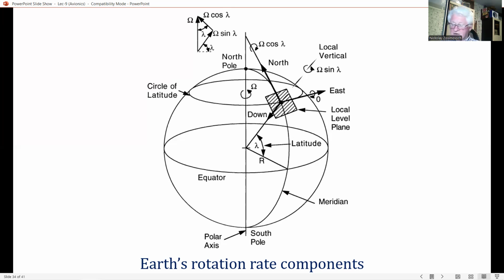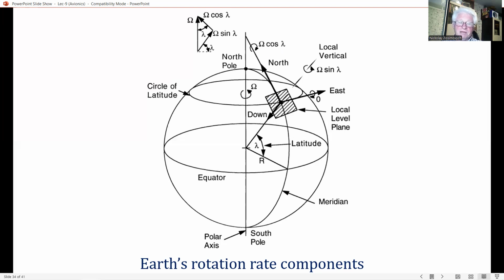Angular rate correction for the Earth's rotation: this figure and accompanying vector diagram show the Earth's angular velocity vector ω, which, as you can see, can be resolved into 2 components. First, the component about the north pointing axis, as we can see here, is ω times cosine λ, where λ is the latitude angle of the aircraft position.